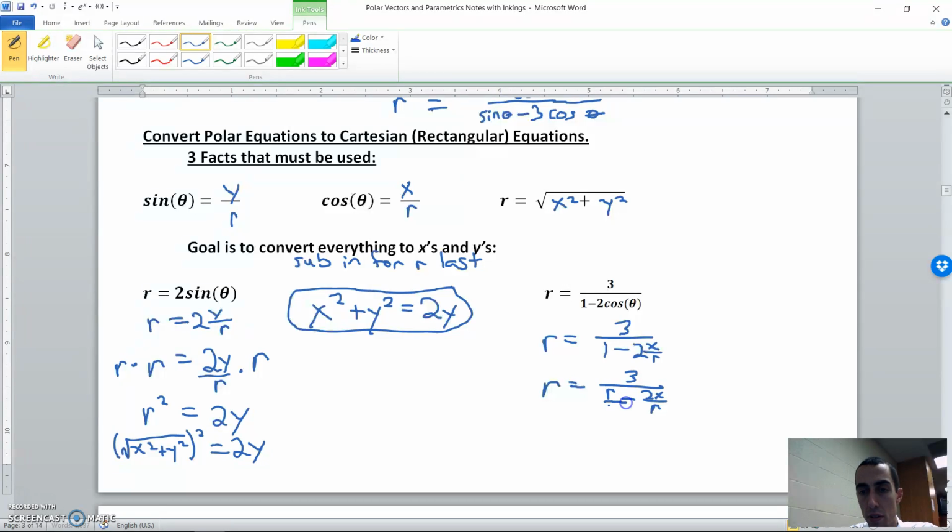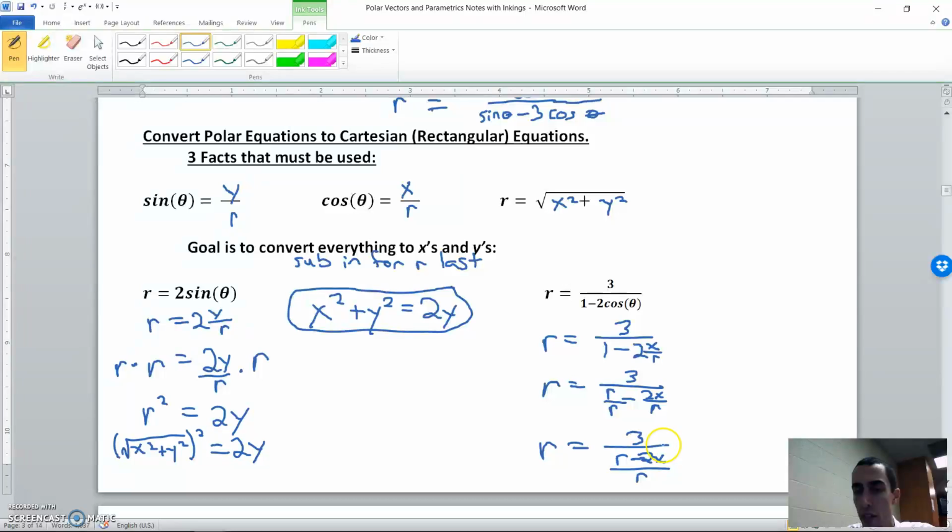R over r. With common denominators, we can subtract that r and 2x, leaving us with the new combined denominator of r. Next, what I'm going to do is keep, change, flip.